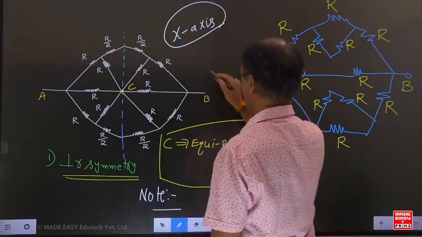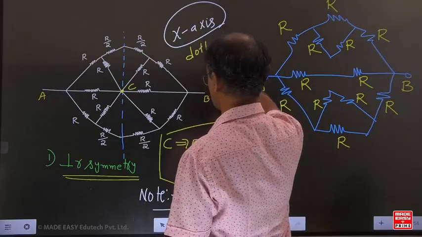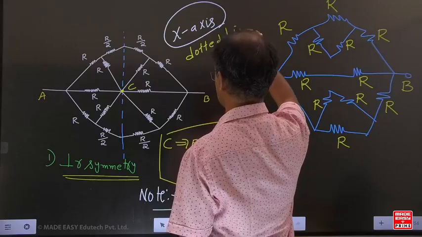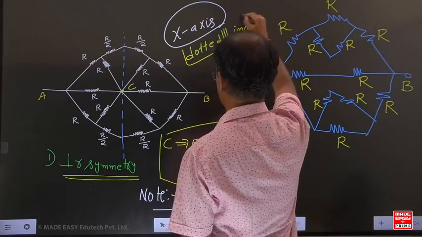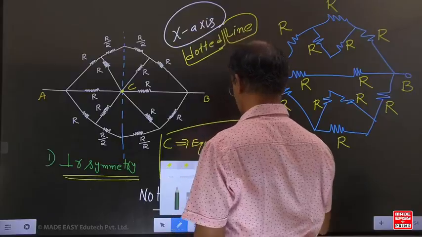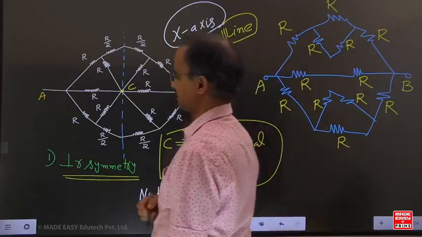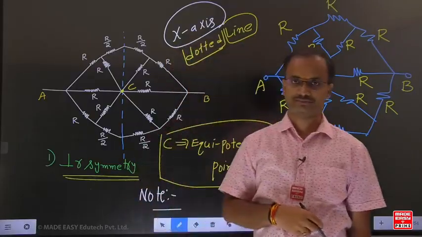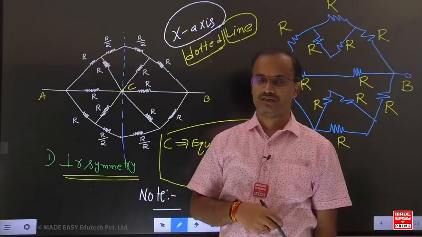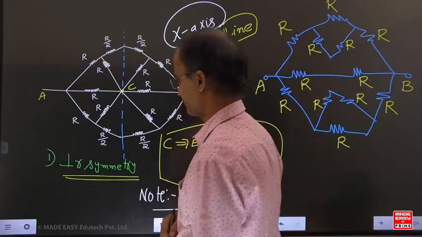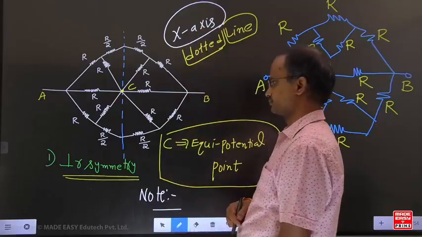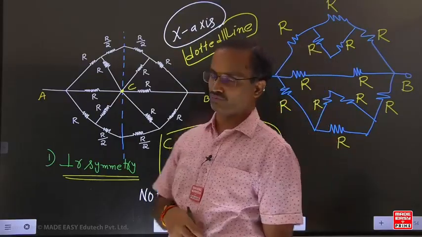And the dotted line is indicated along the y-axis.